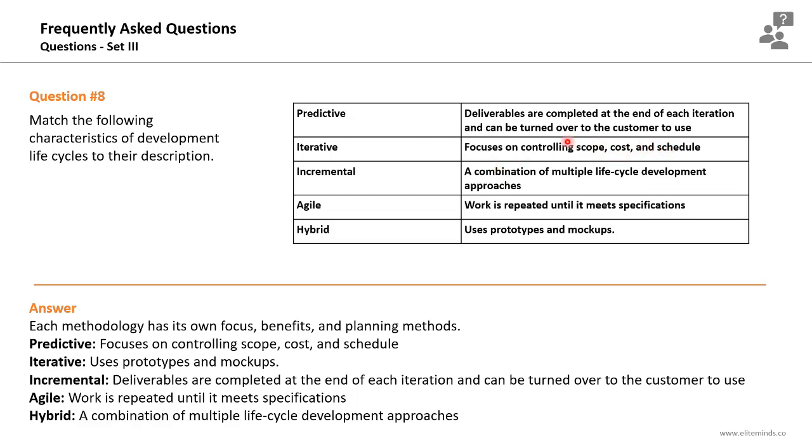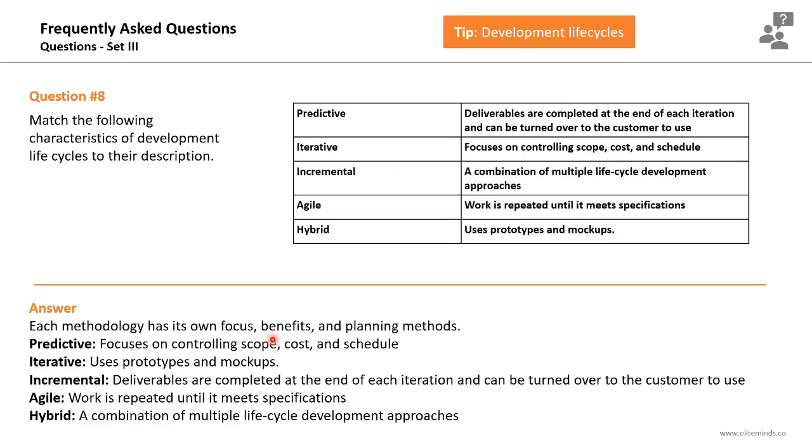This is the characteristic of the predictive environment, or the waterfall environment. A combination of multiple life cycle development approaches. This is the hybrid development approach. Work is repeated until it meets specifications. This is the agile development approach. And heavily use prototypes and mock-ups. This is the iterative development approach.